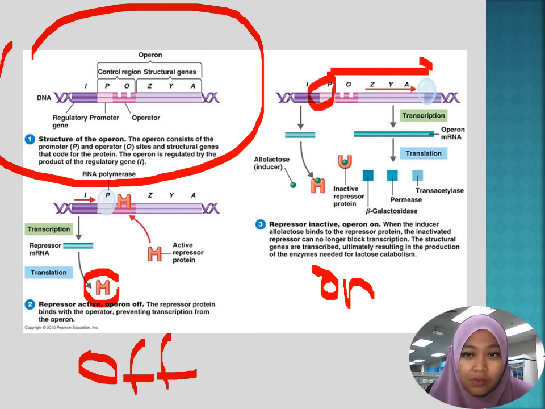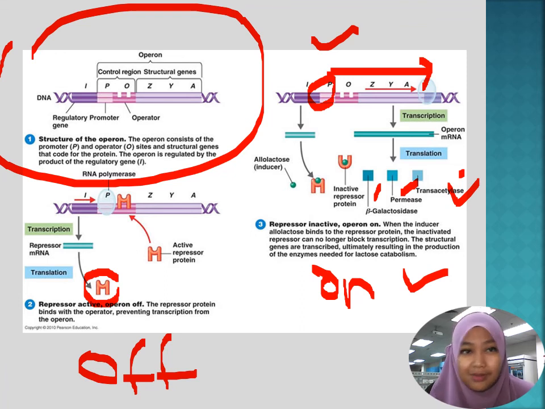So they are producing the transcription, the translation, and produce these three enzymes. At the end of this, when we drink milk, the enzyme will be produced, so the milk can be digested. So there will be a healthy and happy tummy.